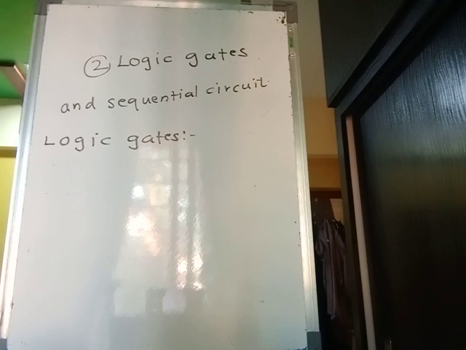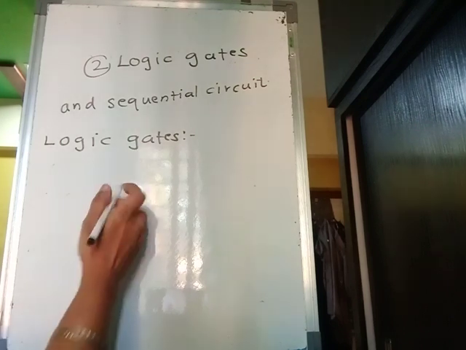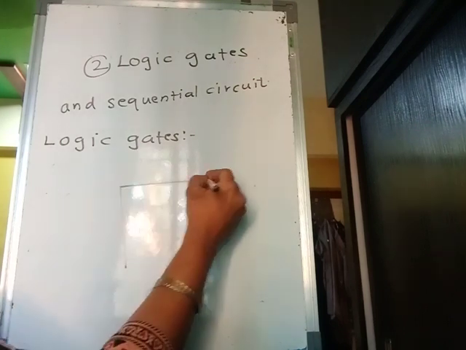So TV is also one kind of circuit. Then your computer is one kind of circuit. So different electronic gadgets are circuits. So your logic gate is also one kind of electronic circuit. But what is the difference? It has one or many inputs but only one output. So this is a logic gate.